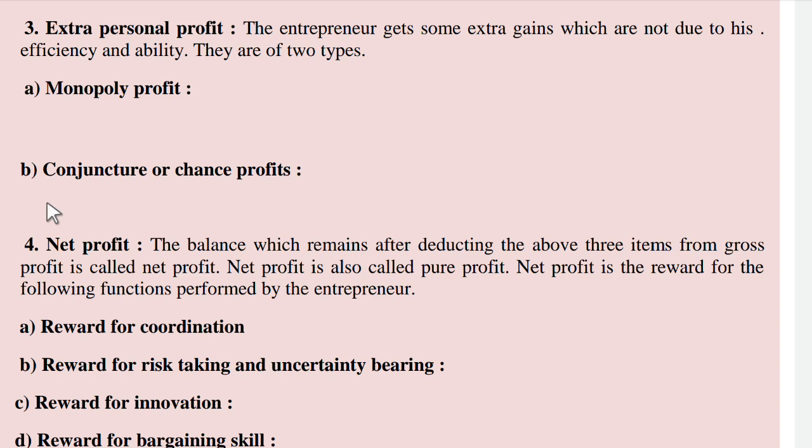And then B, that is conjuncture or chance profits. What is the conjuncture or the chance profit? Here the occurrence of certain unforeseen circumstances may enable the entrepreneur to get chance profits, also called additional gains.